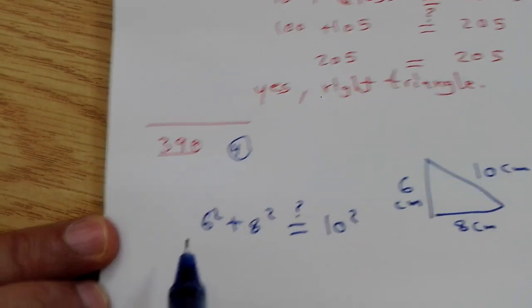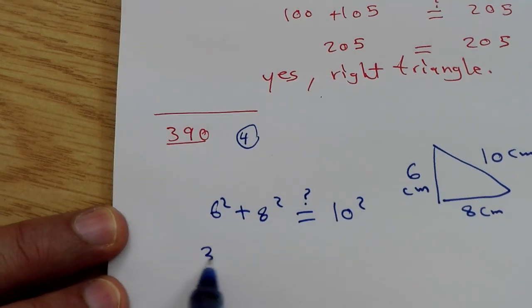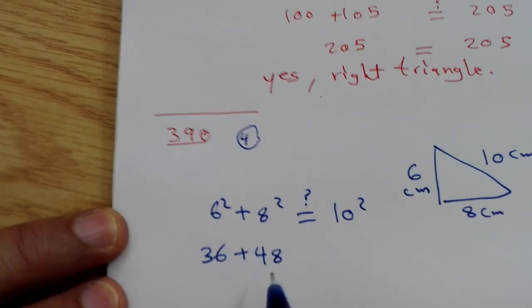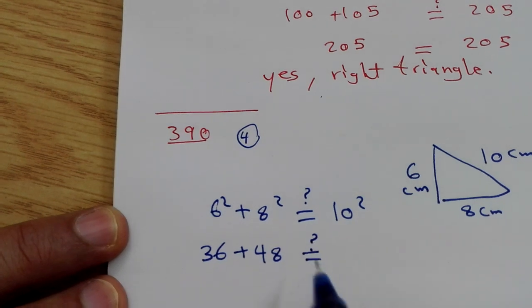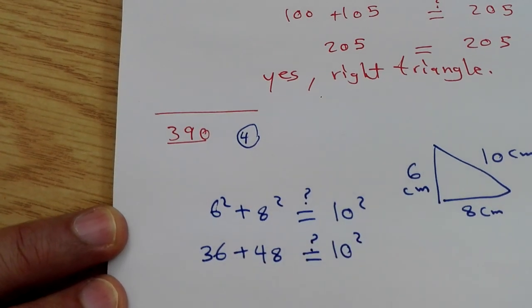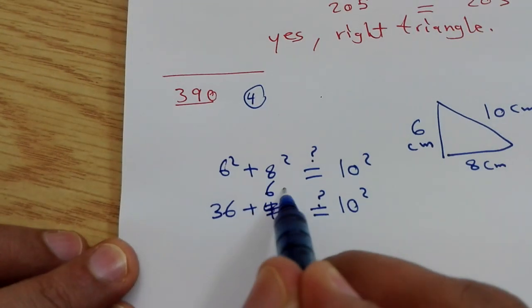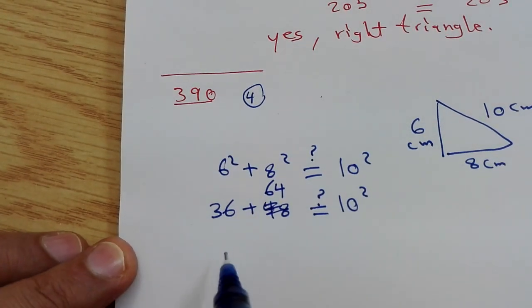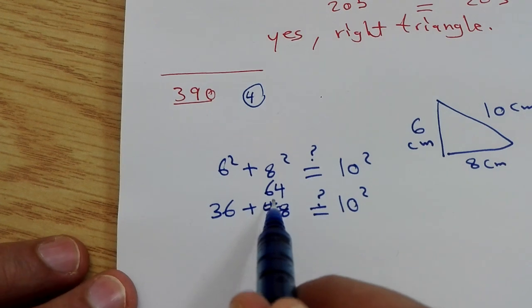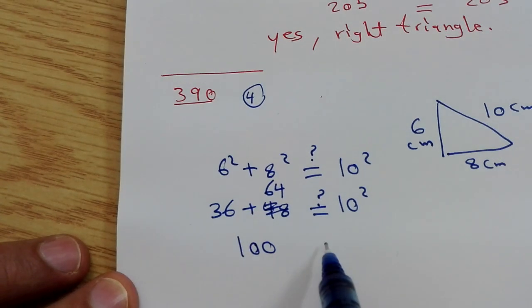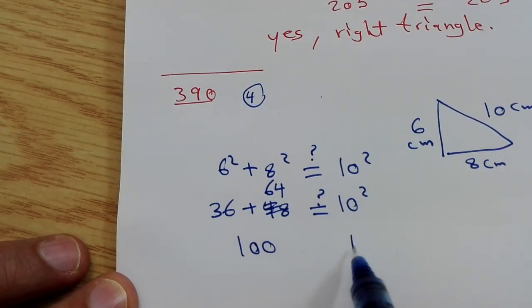6 squared, what's 6 squared? It's 36, plus 64 for 8 squared, sorry. 36 plus 64 is 100. And 10 squared is 100.